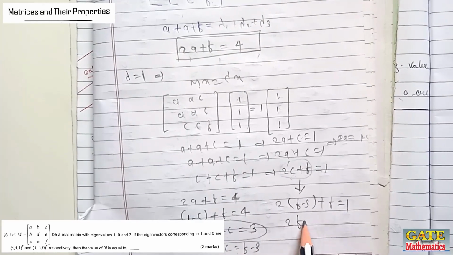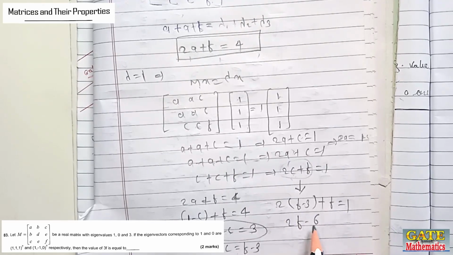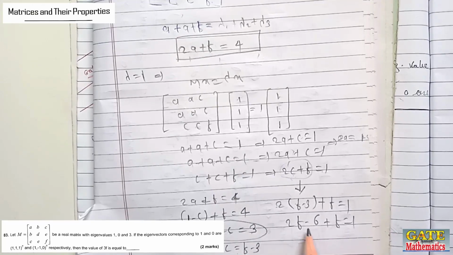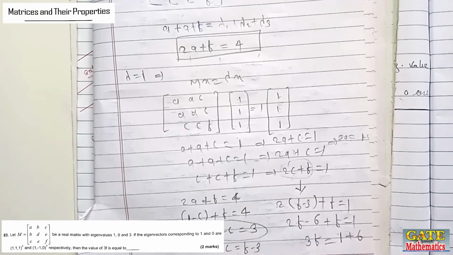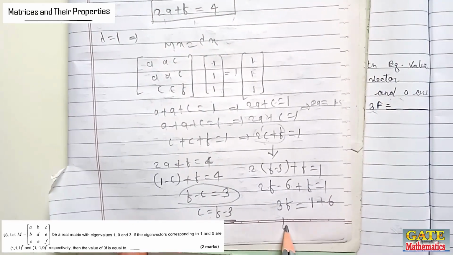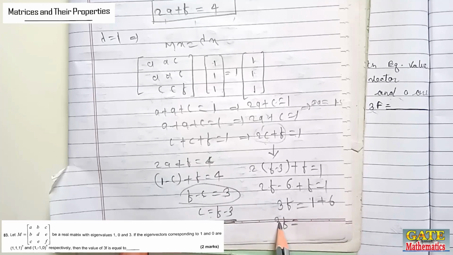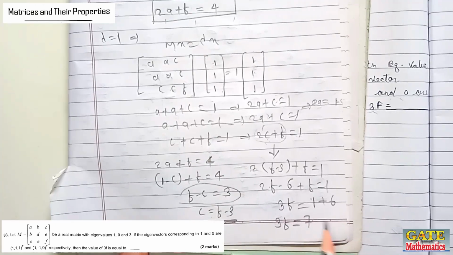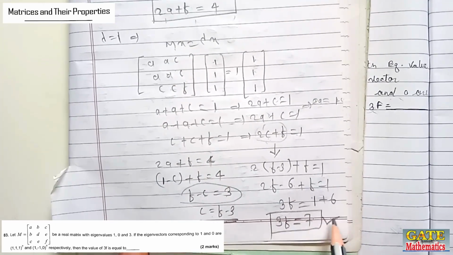So 2f minus 2 3s are 6, plus f, which is equal to 1. So 2f plus f, I got 3f, which is equal to 1 plus 6, which is 7. Okay, so this is the exact value we wanted.